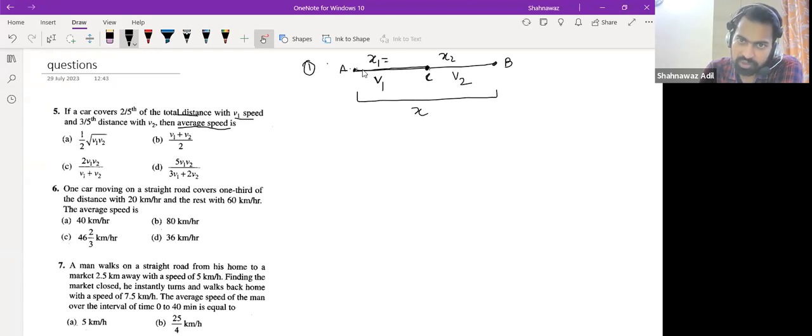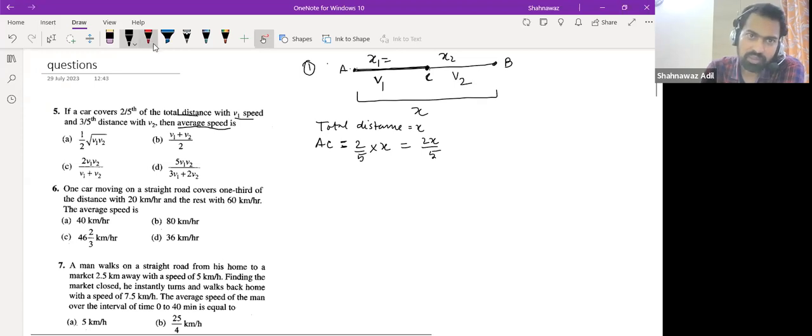They are saying that the AC distance is 2 by 5th of the total distance. So this distance would be how much? Total distance is x, so from A to C, this is 2 by 5th of the total distance, so 2x by 5.